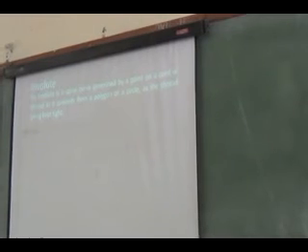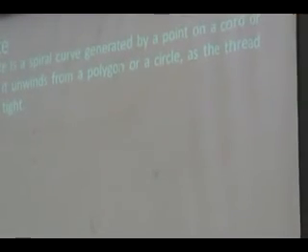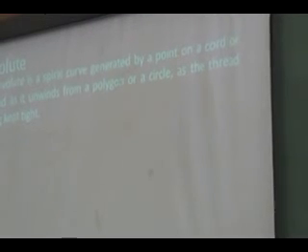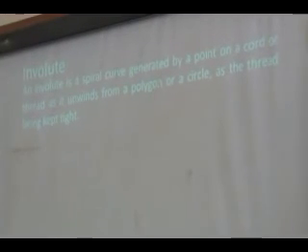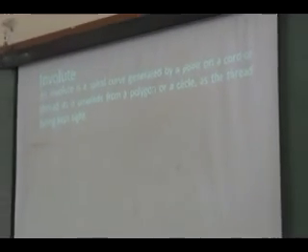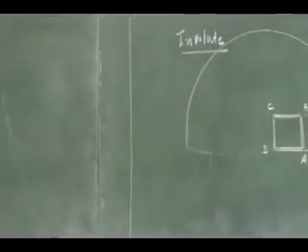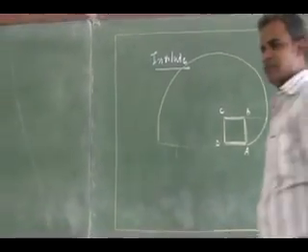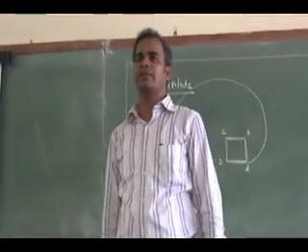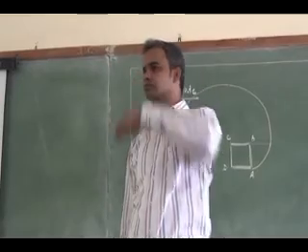So again, it's a spiral curve generated by a point on a cord or thread as it unwinds from a polygon or a circle. The last sentence is, as the thread is being kept tight.